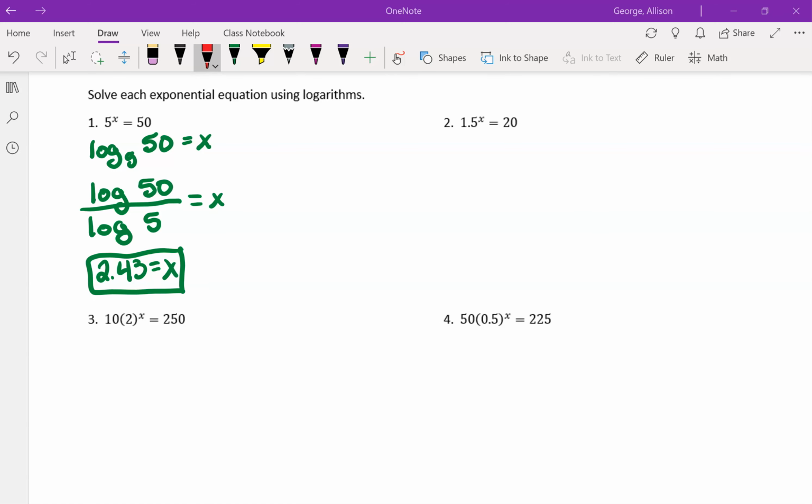If you think you've got it and you want to fast forward and check your answer, that is totally fine. Writing this in log form, it'll be log base 1.5 of 20 equals x. The change of base formula is log of 20 over log of 1.5. That's going to give us x.